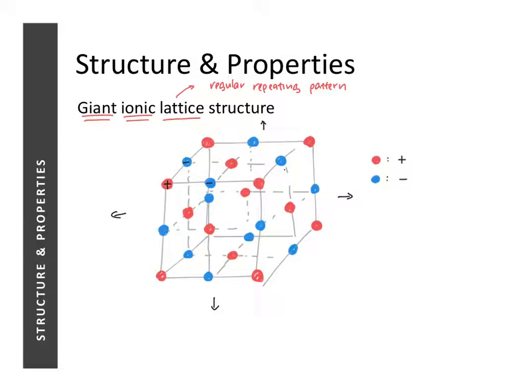So when we zoom into an ionic compound, we will see a structure looking like this, and we call it a giant ionic lattice structure. Please remember the name for the structure. All ionic compounds have giant ionic lattice structures.